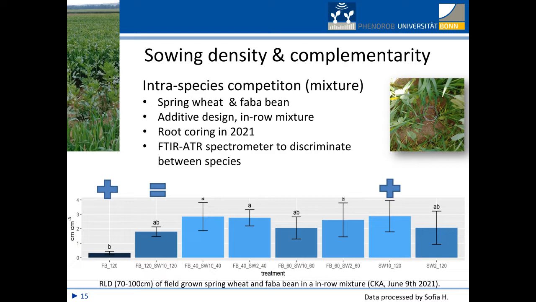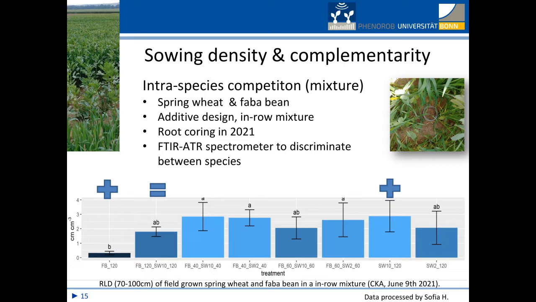The box plot shows the root length density in the depths of 70 to 100 centimeters of several different treatments. On the very left side, the bar shows the root length density of faba bean only, and on the very right side, it shows the root length density of one of the spring wheat cultivars.